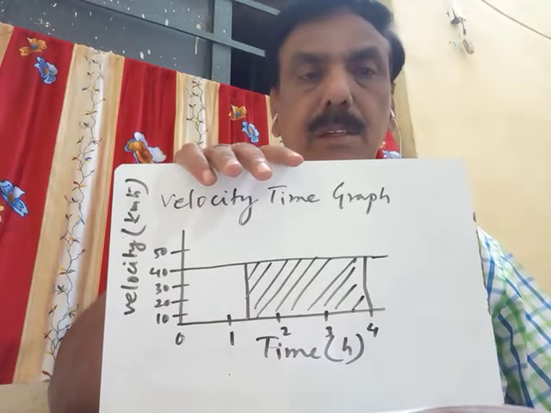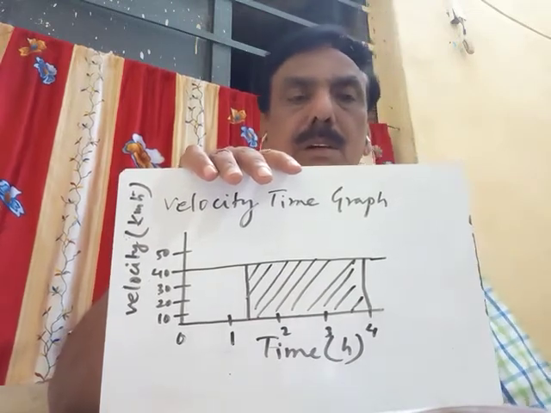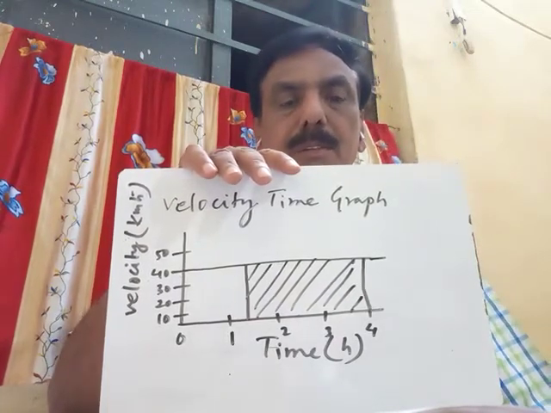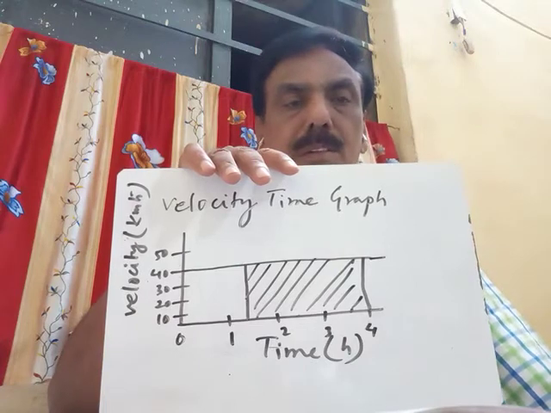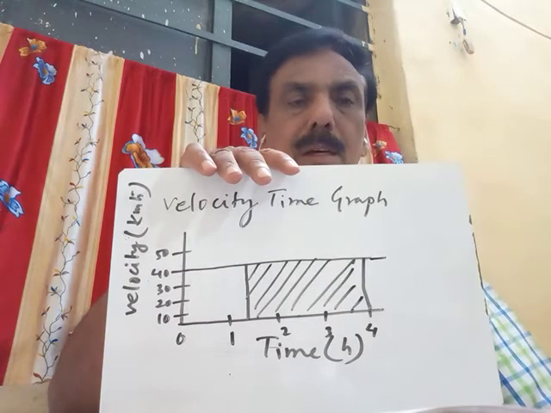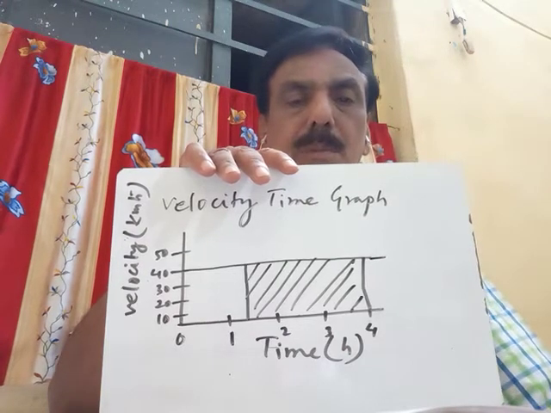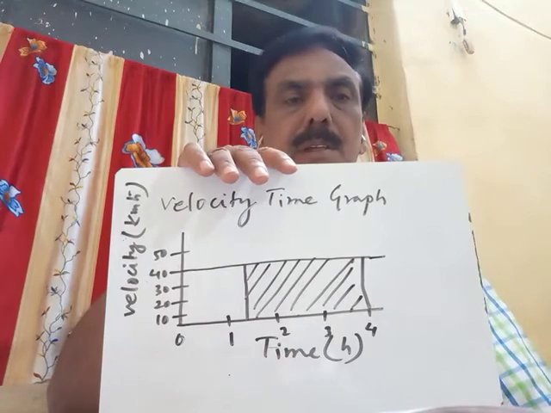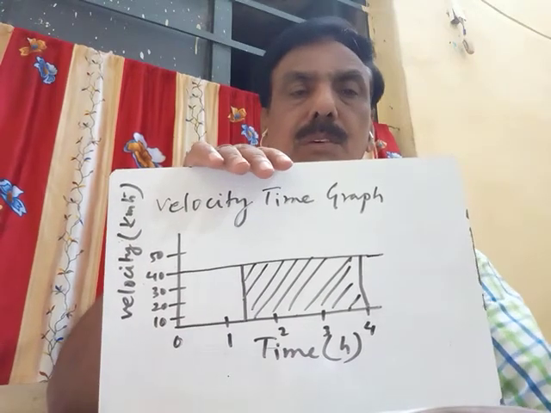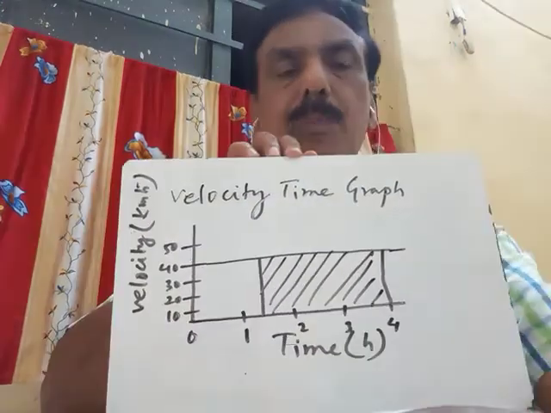Can you see, the velocity of the body is 40 km per hour. It is not changing. In each and every hour the velocity is 40 km per hour. That means the body is moving with uniform velocity.